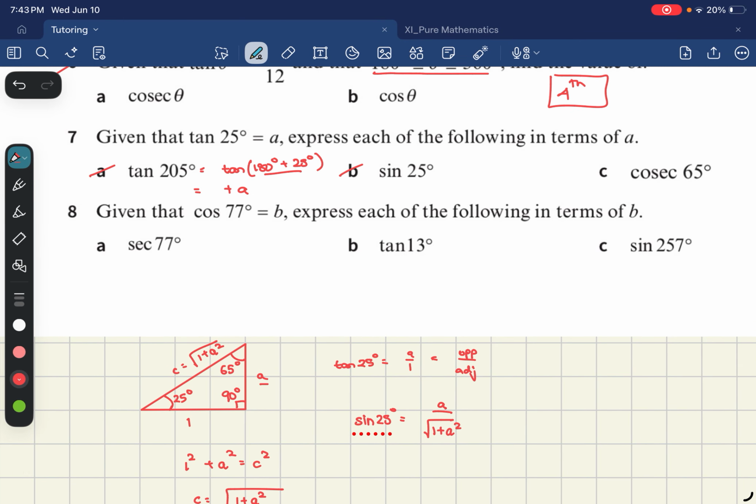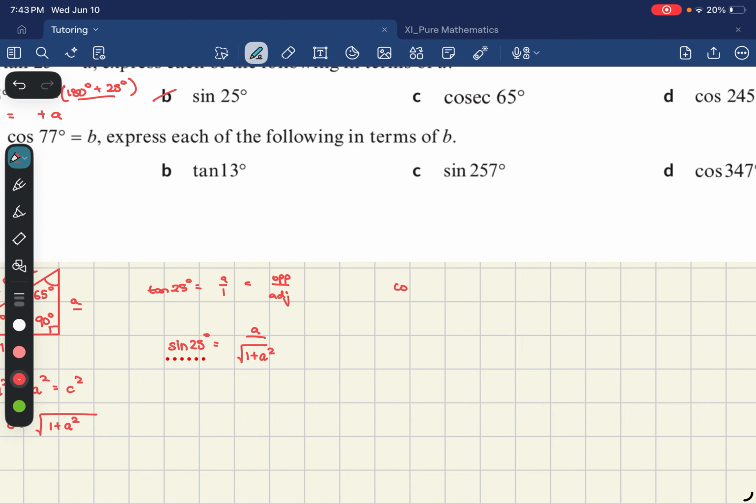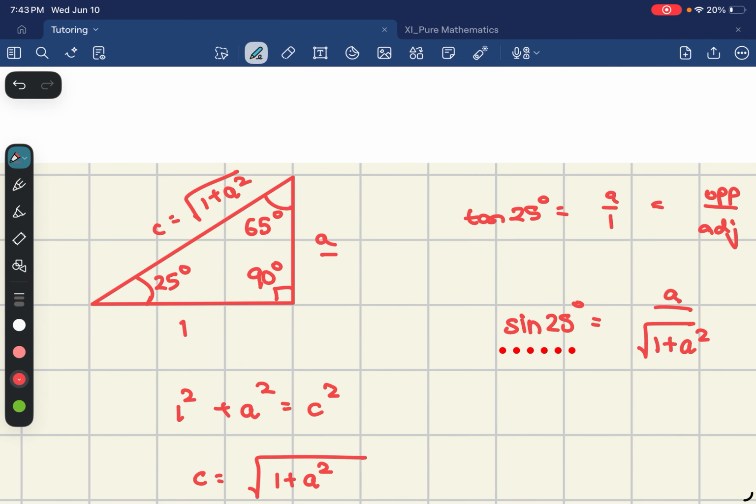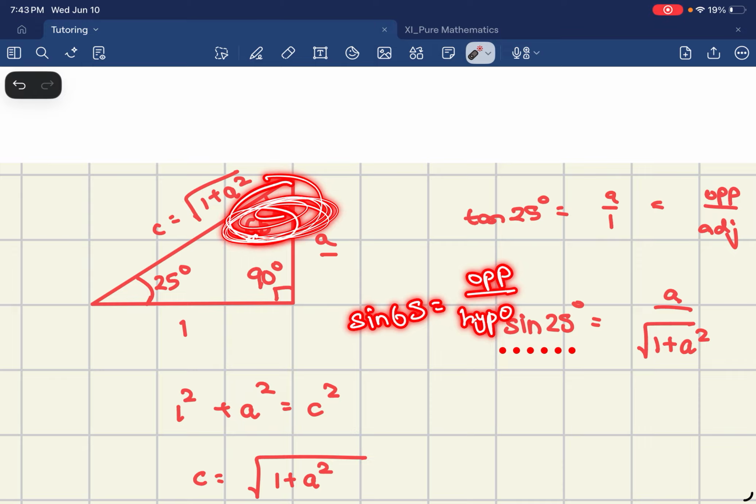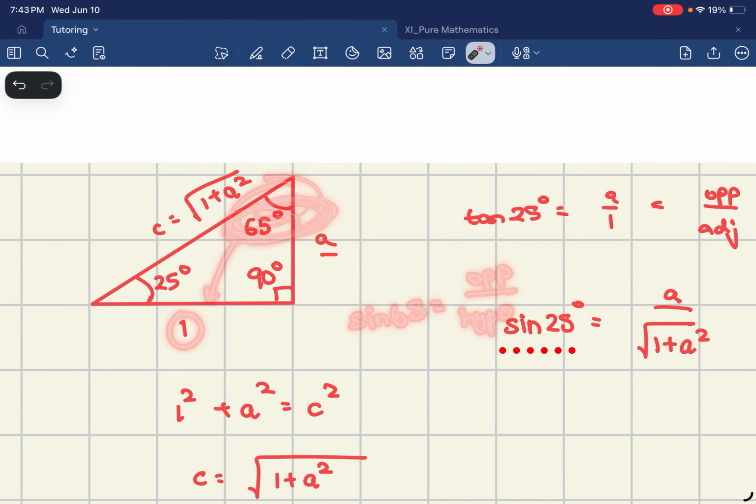All right, what is cosecant 65? That is 1 over sine 65 degrees. And what is sine 65 degrees? Look at this angle. Sine 65 is opposite over hypotenuse. Opposite to this angle is 1.